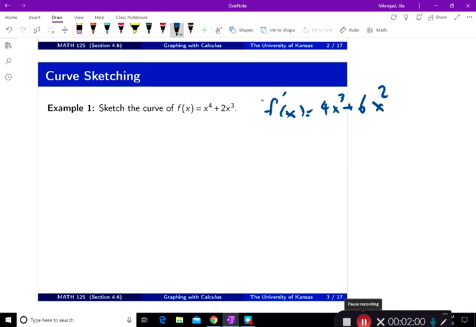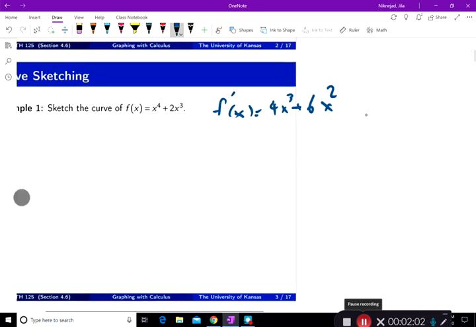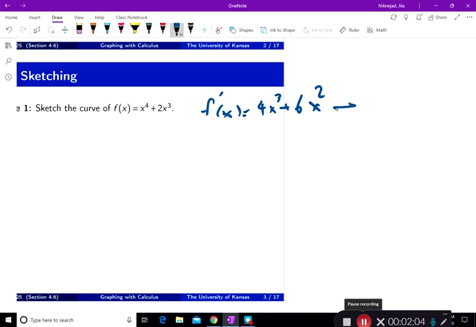And so the next thing that I want to do is to find the critical values for this function. The function exists everywhere, f prime exists everywhere, so I have to find the zeros of it. Therefore, I have to factor this.